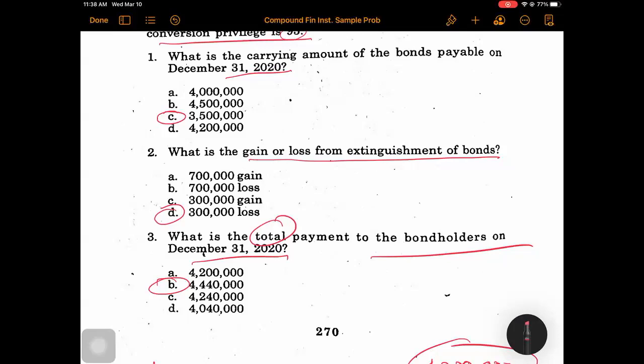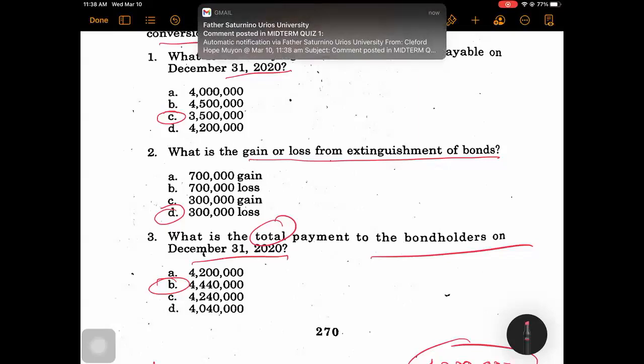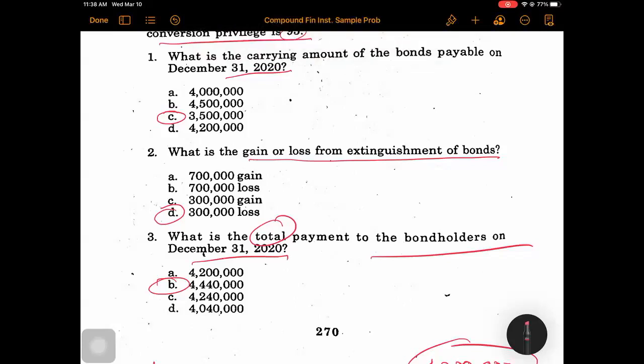Pangutana, naipangutana. Walay questions. Sure ha, walay pangutana ha.